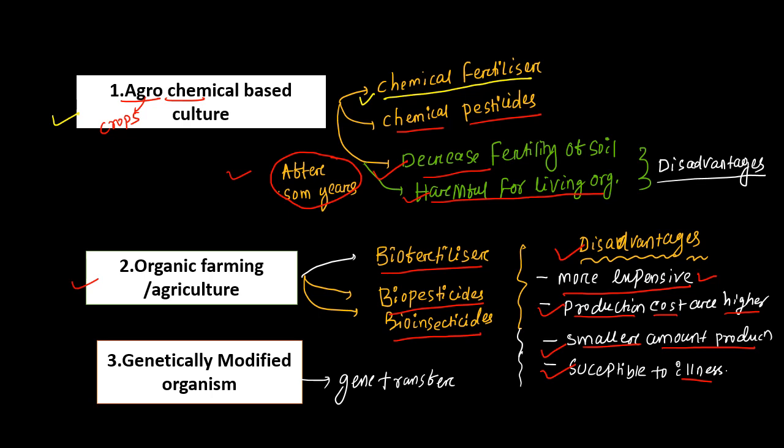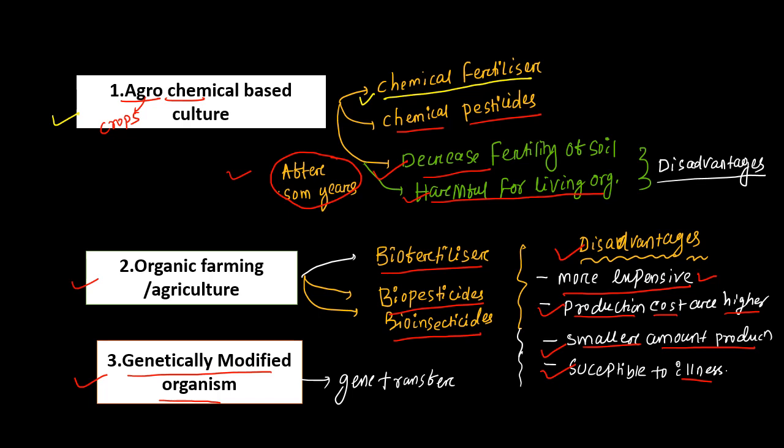So further we go to genetically modified organisms, because we want to overcome the disadvantages found in agrochemical and organic farming.